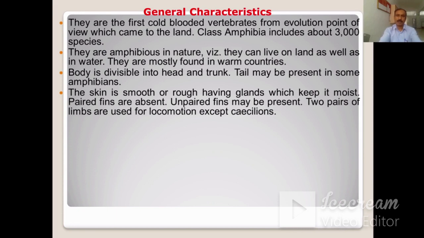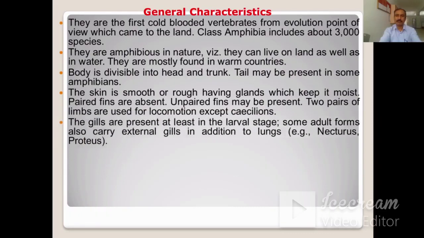The paired fins are absent in these animals. Unpaired fins may be present. Two pairs of limbs are also used for locomotion except Caecilians. The gills are present at least in the larval stage.